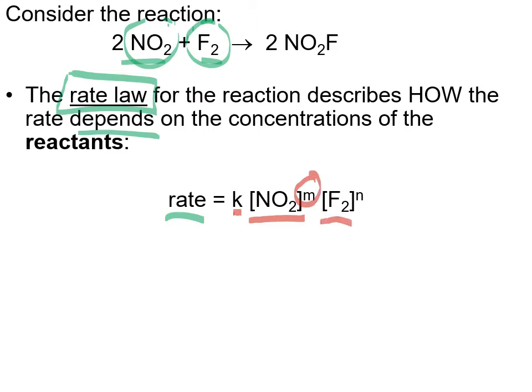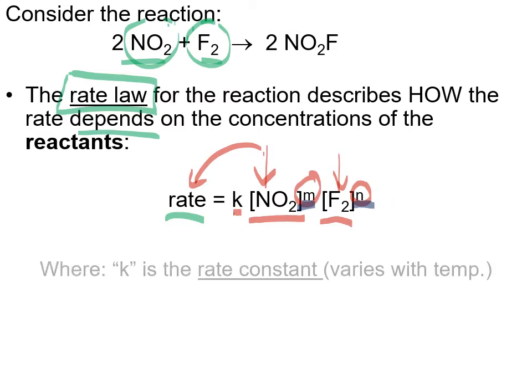And it could be also the concentration of the other reactant raised to another particular exponent. So we can calculate out what effect the concentration of NO2 has on changing the rate, or the concentration of F2, what its effect is on the rate of reaction. And it is going to be dependent on these exponents here. So we're going to be essentially solving for what those exponents are.